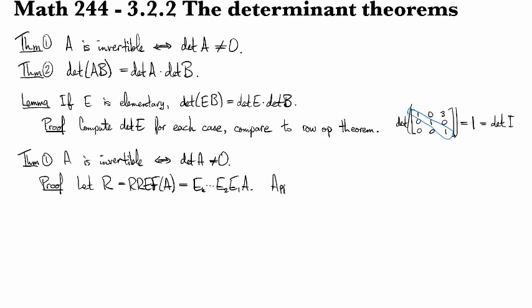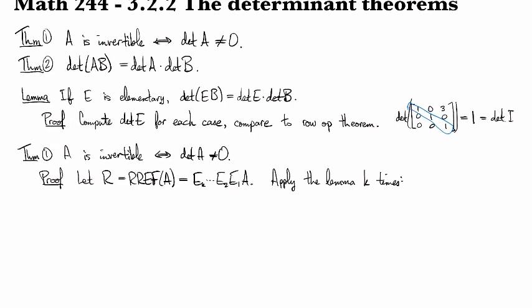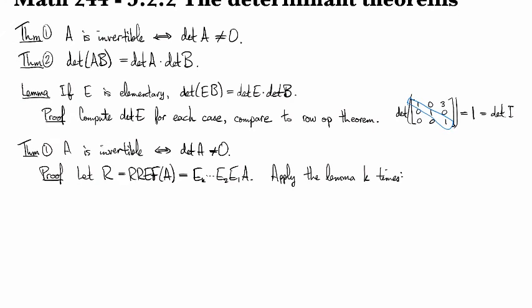Then if I apply the lemma once for each of these elementary matrices, we see that the determinant of R is equal to the determinant of E_k times the product of all these determinants.